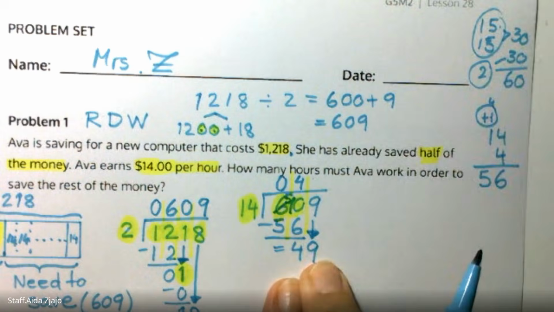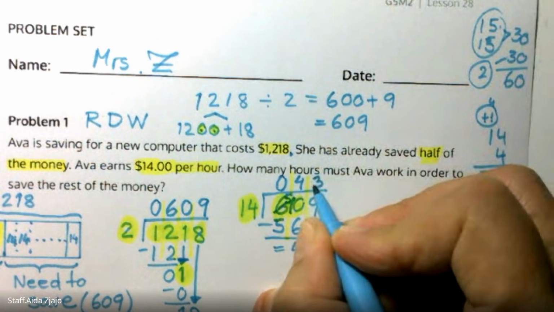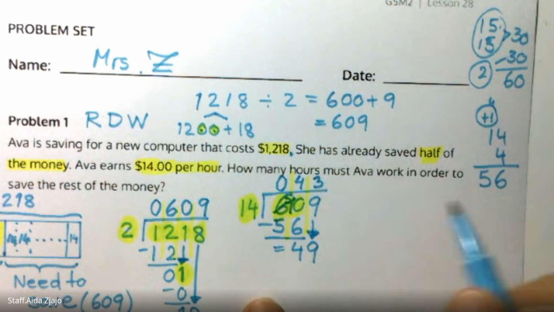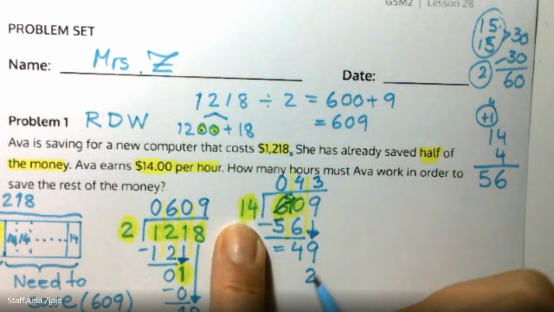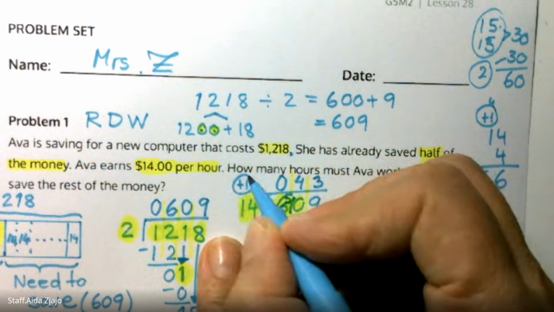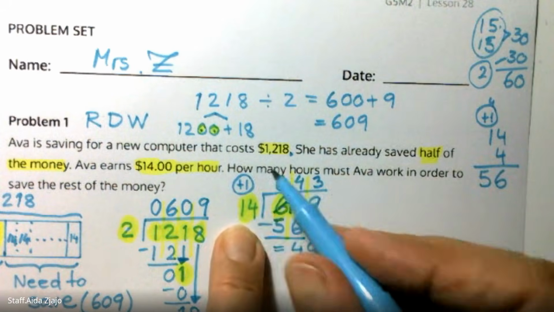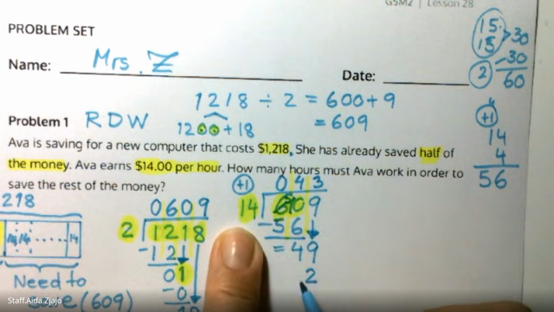So we have 49. So definitely the 3 is the number that we are looking for. 3 times 4 is 12. I remember 1. 3 times 1 is 3, plus 1 is 4. Plus 1 is 4, correct?